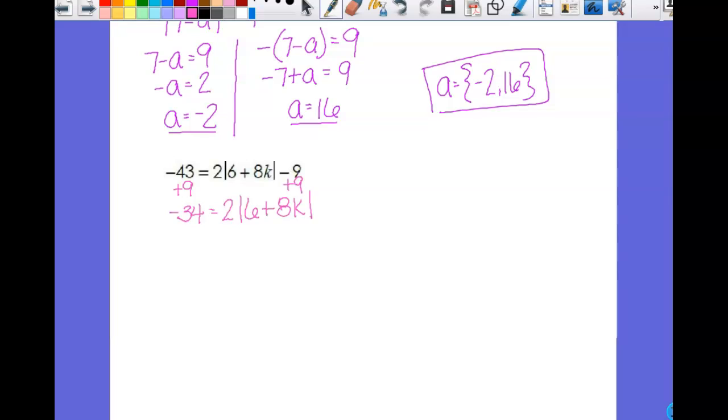Then what do you think I do next? Divide by 2. Very good. So I'm going to divide both sides by 2. So that these cancel out, and I'll get a -17 equals the absolute value of 6 plus 8k.